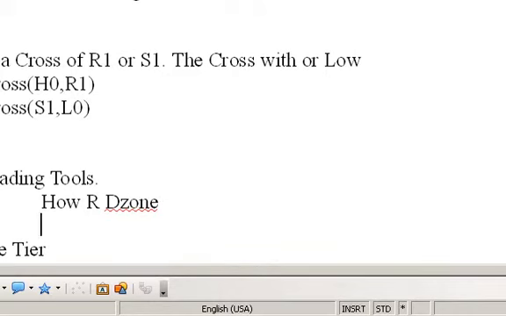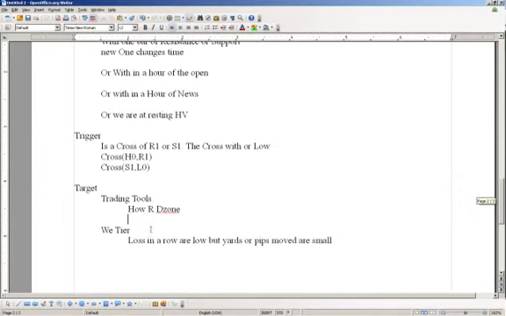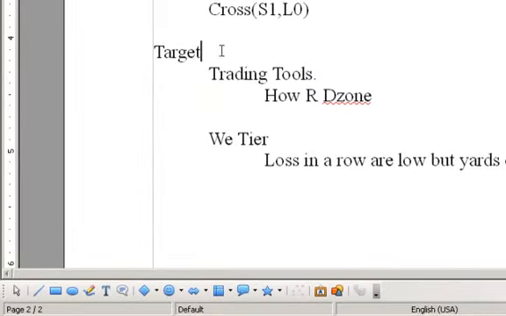So we have our D-zone section we're trying to work at. We tier out into this. Now when we go to start this, we're going to tier out. We're going to go for 1 ATR and sell part. Now usually I'll sell 50%, but this does not have to be. You could disable this.